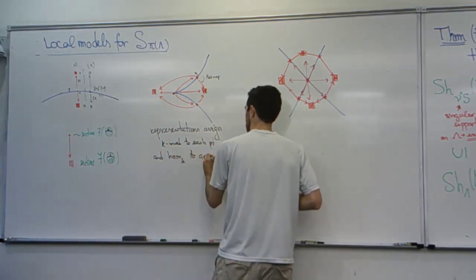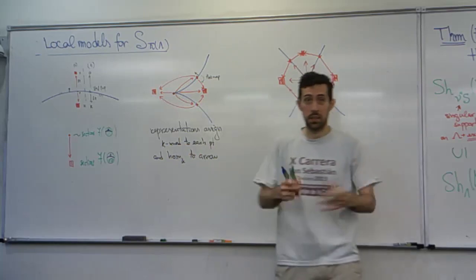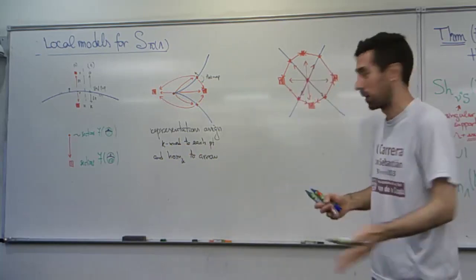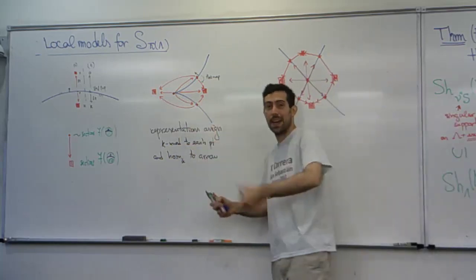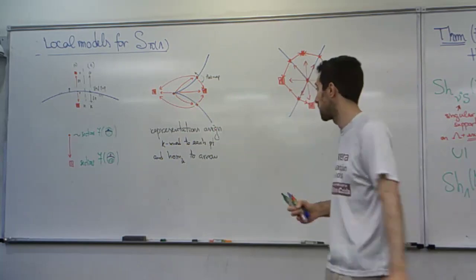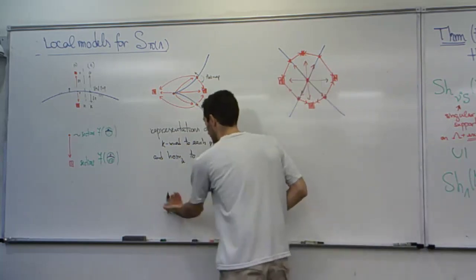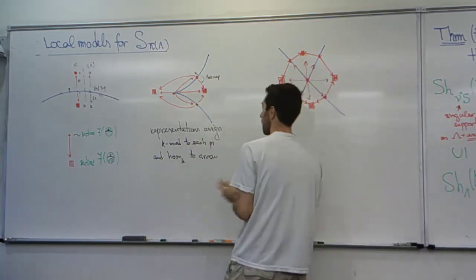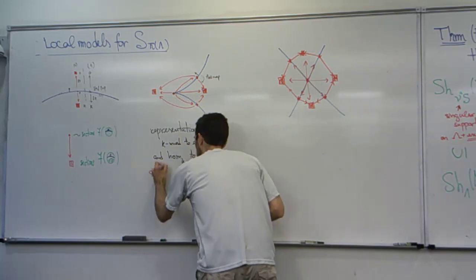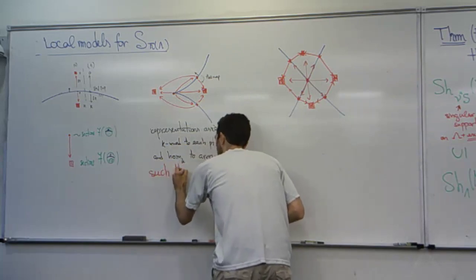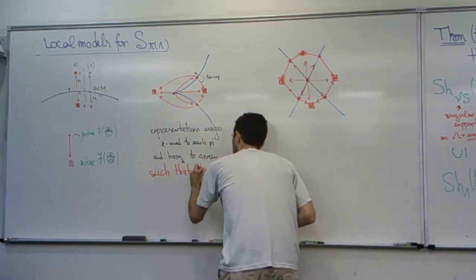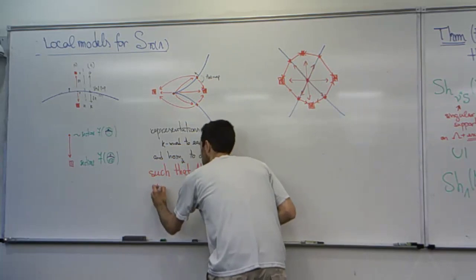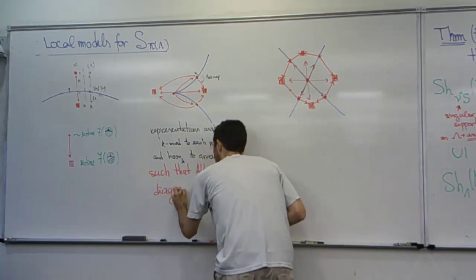You can think of it just as the poset is a category with objects being its set and the maps being this, and this is literally a functor from the poset as a category into the category of vector spaces. But you need an extra condition. I'm going to write this in red, such that all diagrams commute, such that all diagrams that can commute do commute.